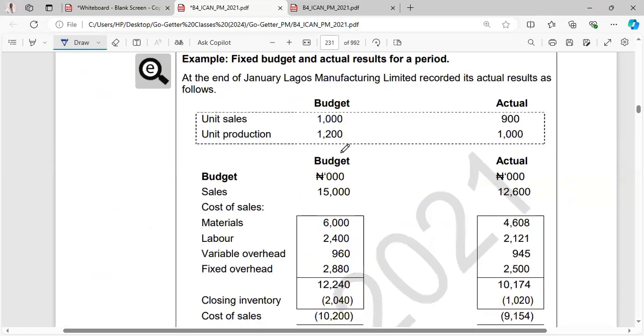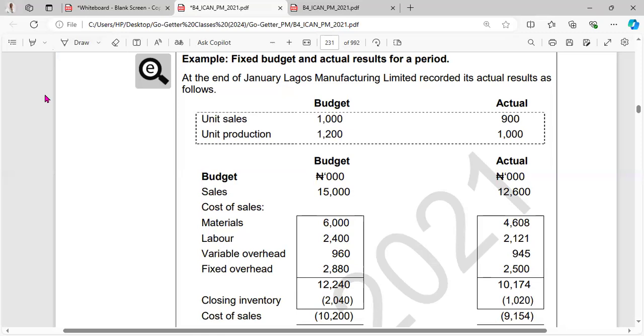Now we are saying that we have made our budget, right? Because we've made a budget for January, maybe we made that budget in December. But at the end of January, that is when you will be getting actuals. Maybe this is February 1 now.